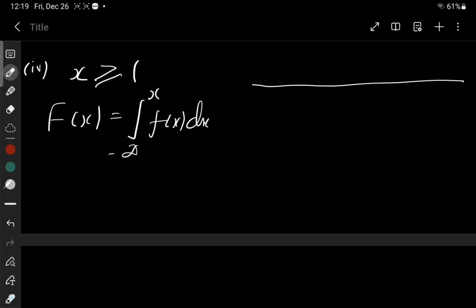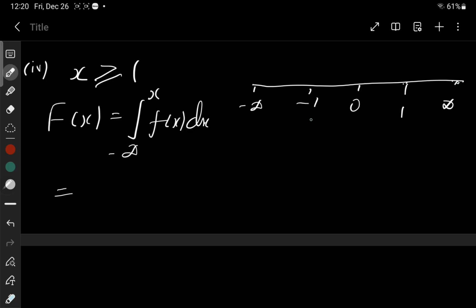Again, I'll write the interval here for you: minus infinity, minus 1, 0, 1, and after that you will get infinity. So I have to get for x greater than or equal to 1, which means up to infinity here.